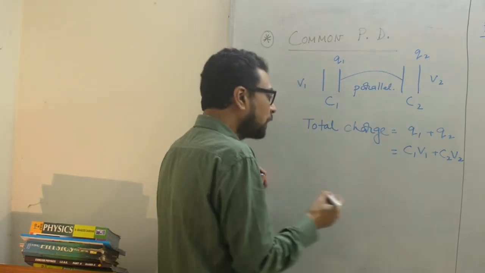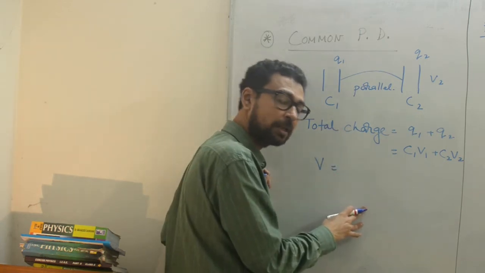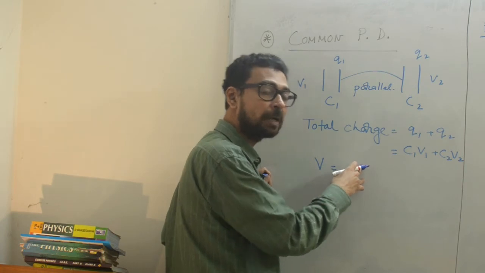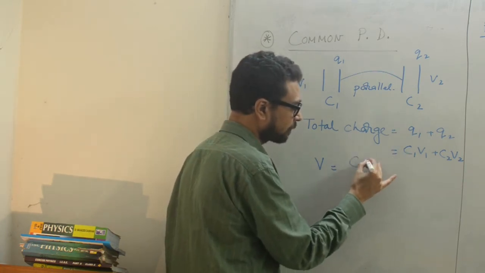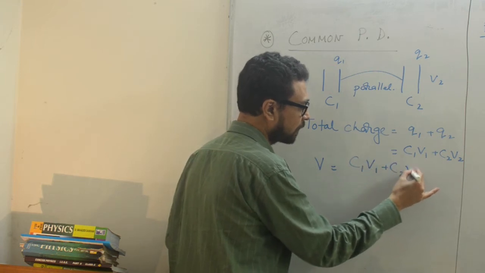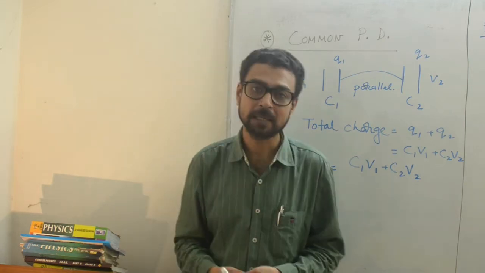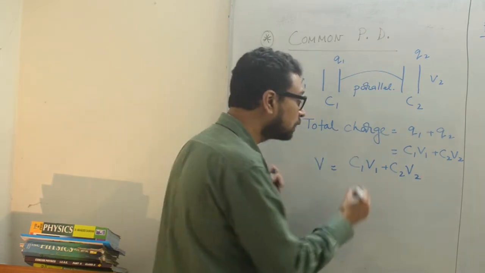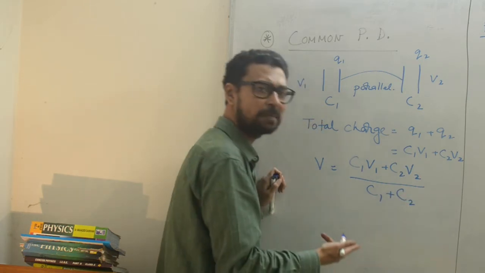Okay, so what is the common PD? Total charge by total capacitance. So the total charge is this. And what is the total capacitance? They are connected in parallel, so the effective capacitance for C1 and C2 will be, yes, you know already, C1 plus C2.